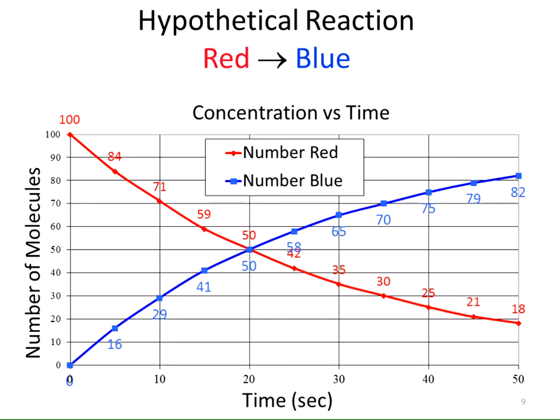So notice how the number of red molecules is decreasing over time. But the blue, because that's our product, is going to be an increase in the number of blue molecules over time. So on the y-axis we have the number of molecules, on the x-axis we have the time. So we're looking at the concentration versus time.